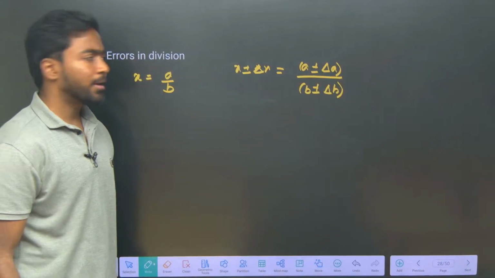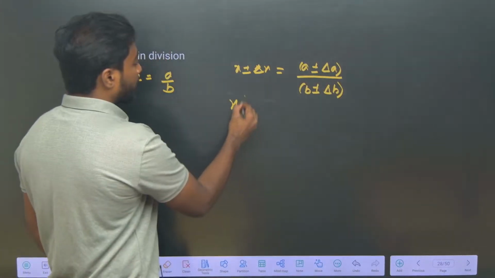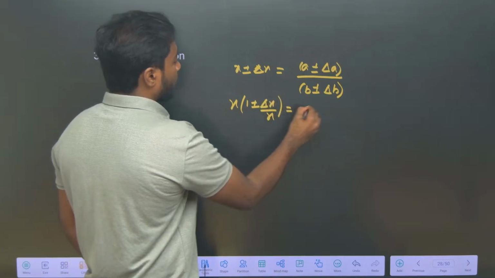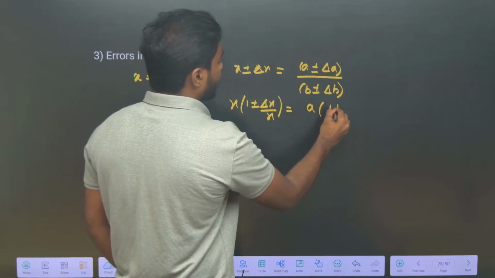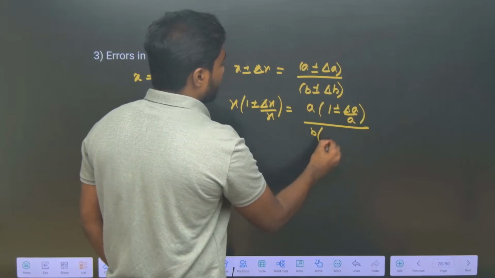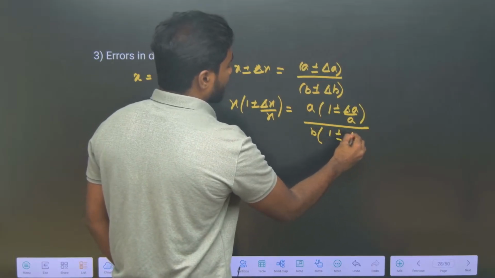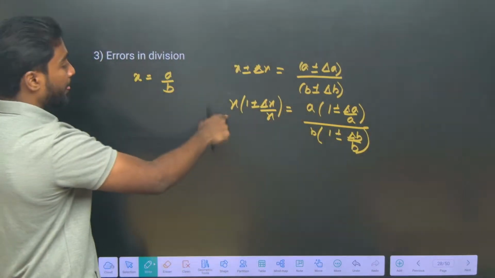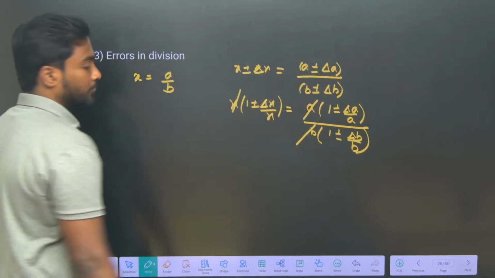So again take x commonly outside, a commonly outside, b commonly outside. So x commonly outside, in the sense 1 plus or minus delta x by x will be equal to a into 1 plus or minus delta a by a divided by b into 1 plus or minus delta b by b. So x equals a by b, I can cancel it out again.